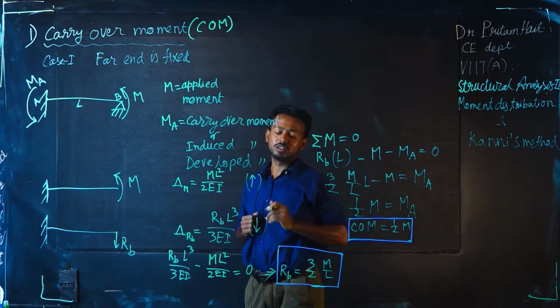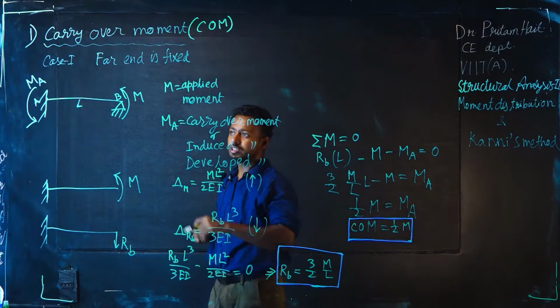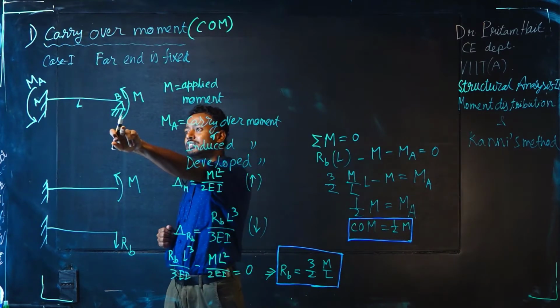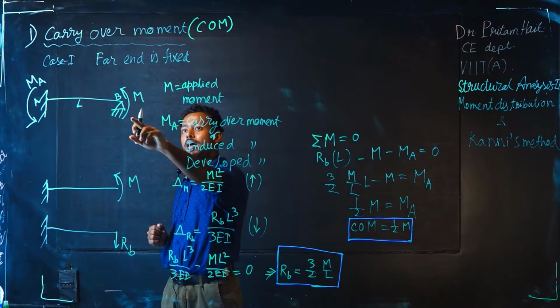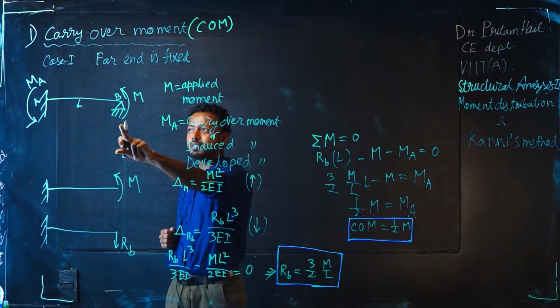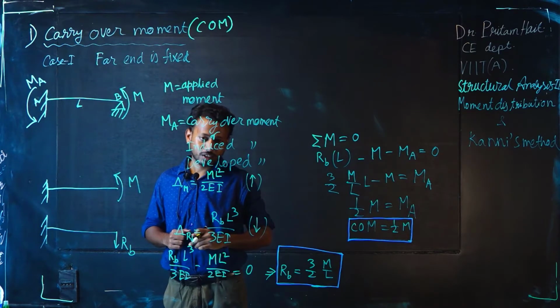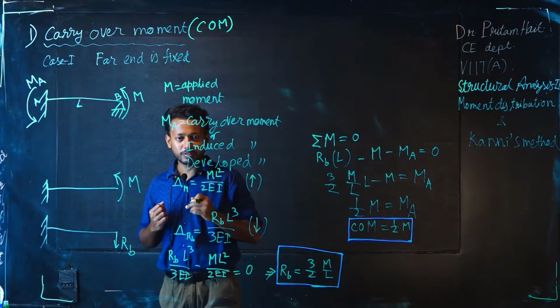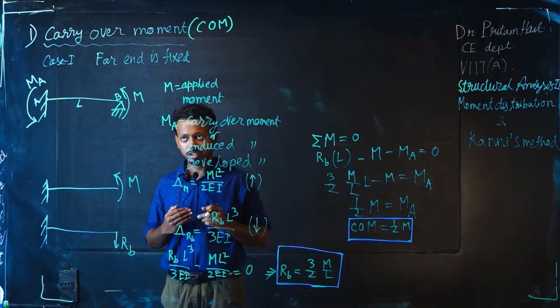Right. Case 1: when the far end of the beam is fixed. Suppose this is a beam. Its far end is fixed end. So if you apply a moment M at this joint, what will be the carryover moment to the far end? Okay. There are many types of beams available with different types of support condition.